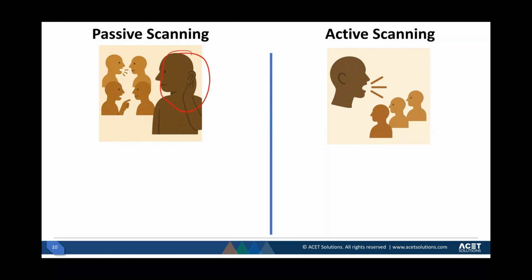I don't like the picture, but that's the best ChatGPT could come up with. It had some very nasty pictures, so I had to pick one. Whatever, it depicts what I'm trying to say: that passive scanning is eavesdropping.